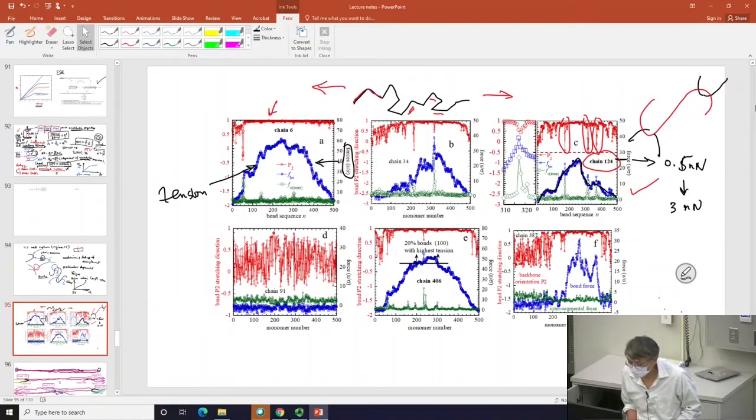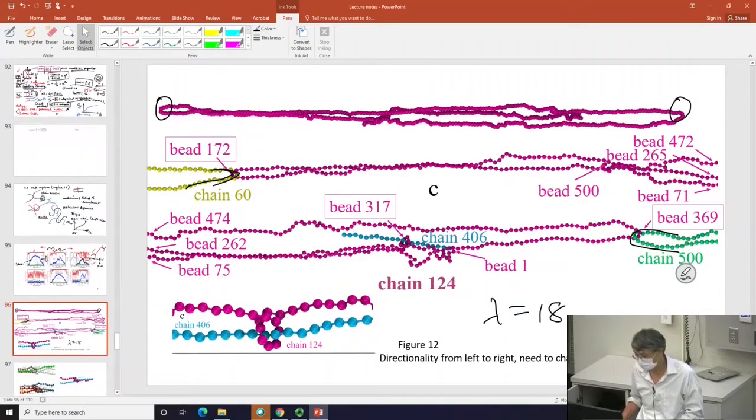And I will not go into any details, but to share some of the findings that we learned from the simulation. So for example, the nice thing about simulation is indeed it replaces what is impossible experimentally, which is to observe any given chain.